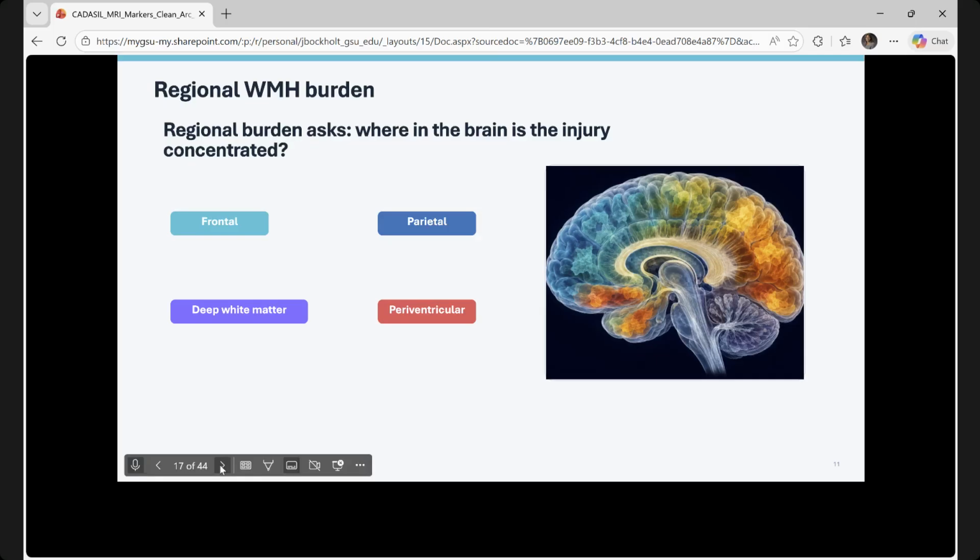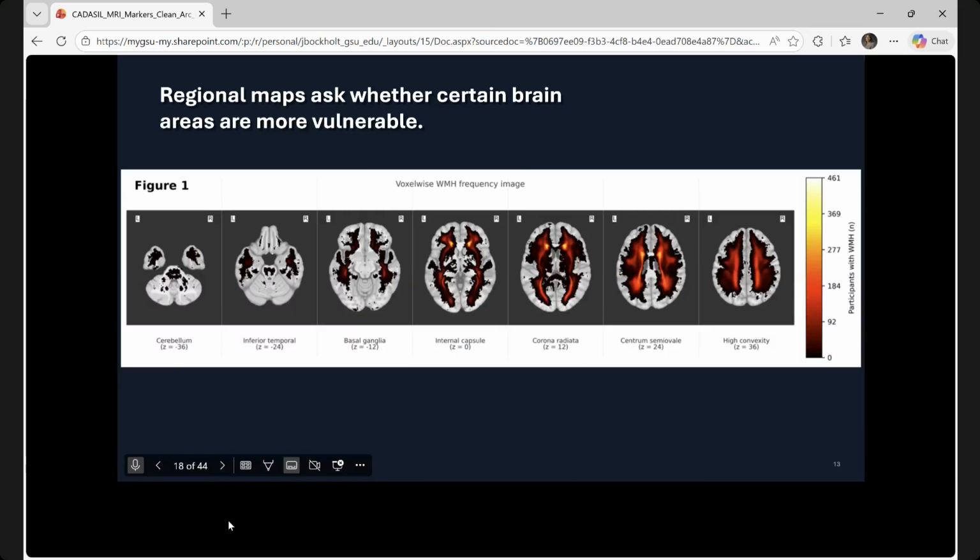So this is one of the actual examples of the data that we've collected. It's considered a heat map, and what it's showing you is every participant, every lesion that we've found.